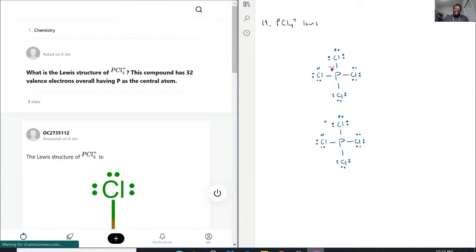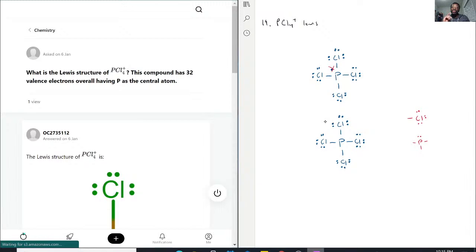Perfect. And now let's see this formal charge to see where even this positive comes from. So the formal charge for every chlorine, if it wants to be 0, it usually has 3 lone pairs and 1 bond. That will be a 0 formal charge for chlorine. For phosphorus, on the other hand, it's 1 lone pair and 3 bonds. So for it to go from this to now having 4 bonds, it has replaced a lone pair with a bond.